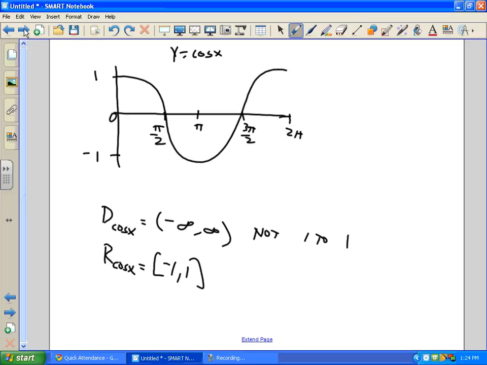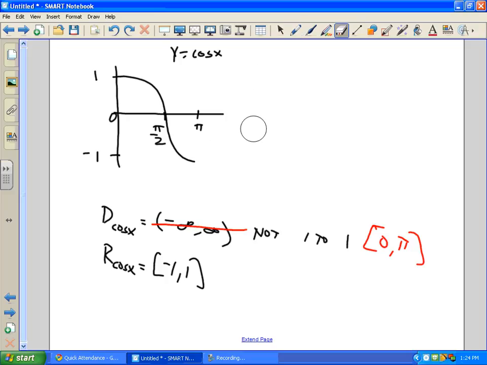So we're going to say this domain is not negative infinity to infinity anymore. It's going to be 0 to pi. So therefore this now is what the cosine graph looks like. Are you with me?